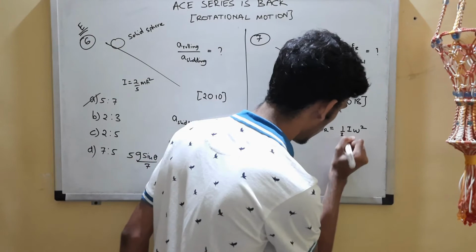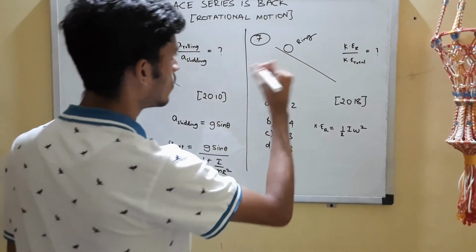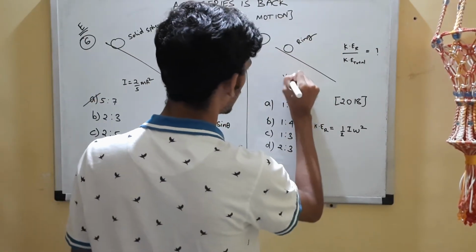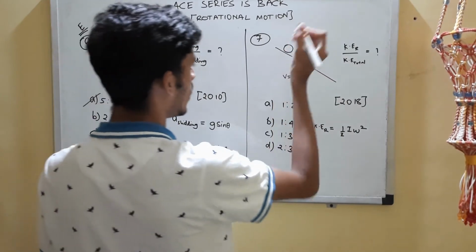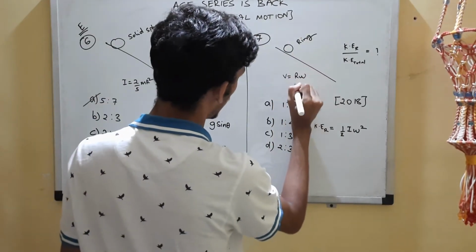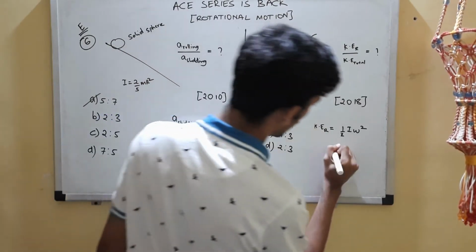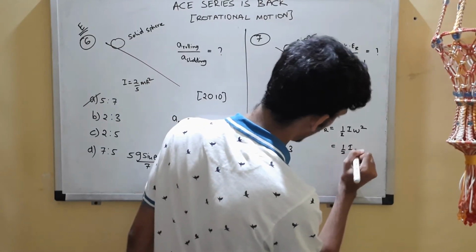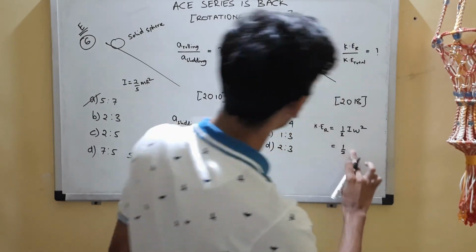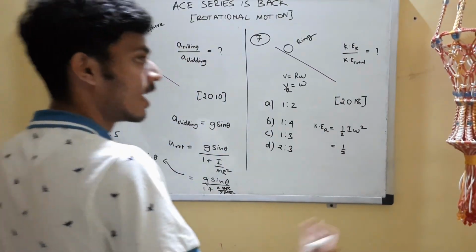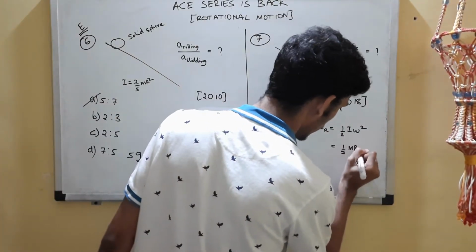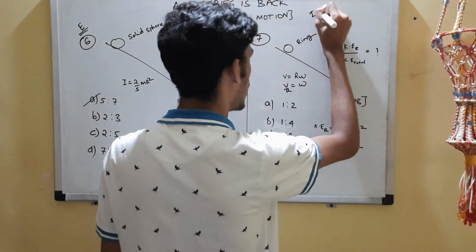Here omega can be written as, this condition is for pure rolling, and we are told in the question that it is pure rolling. So v equals r omega, and omega can be written as v by r. Here you'll get half I, and you can write I for the ring as well. For a ring, I is mr square.